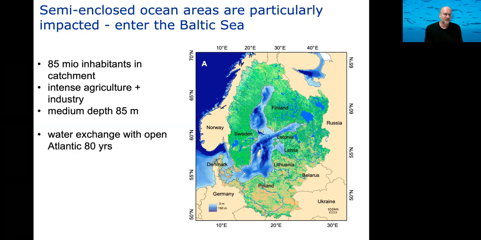In addition, it has a relatively shallow medium depth. That means that the water volume is relatively low. On the other hand, its openings, and I hope you can see my cursor now, its openings to the open North Atlantic are relatively shallow. So we predict that the water exchange time with the Atlantic is about 80 years for an average water parcel in that sea.